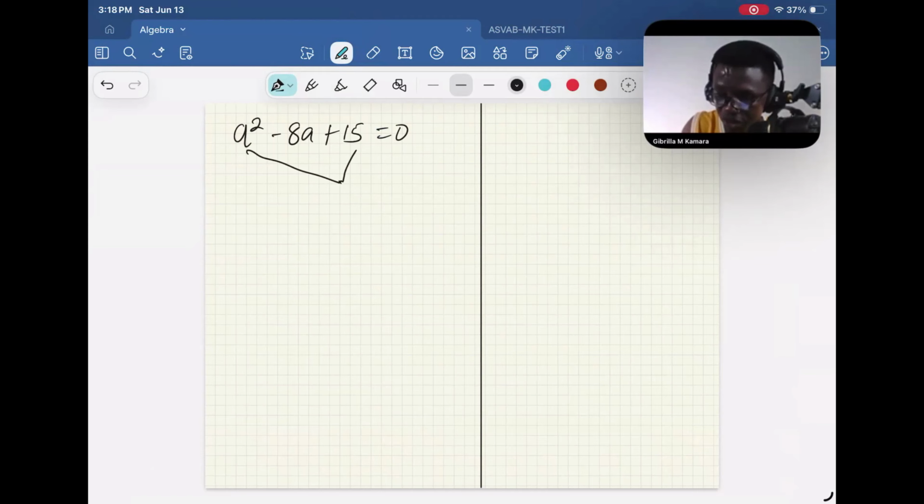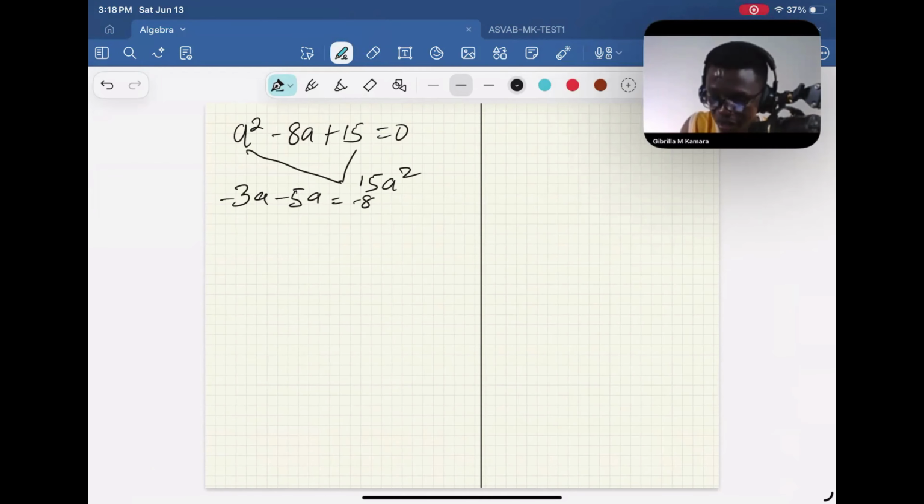We use factorization. This is 15a², so the two numbers will be 3a and 5a. They are both going to be minus. If you add them, you have -8a, and if you multiply them, you have positive 15a². So the equation becomes a² - 3a - 5a + 15 = 0.